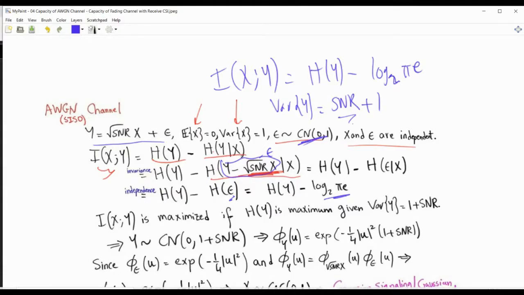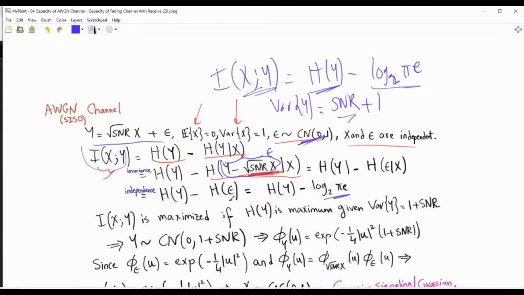It's fixed by your operating signal to noise ratio. So if you want to maximize the mutual information between x and y, if you want y to reveal more and more about x, given our derivation, the mutual information is the entropy of y minus this constant. And the variance of y is just a given number, given the operating signal to noise ratio. So the mutual information between x and y is maximized.